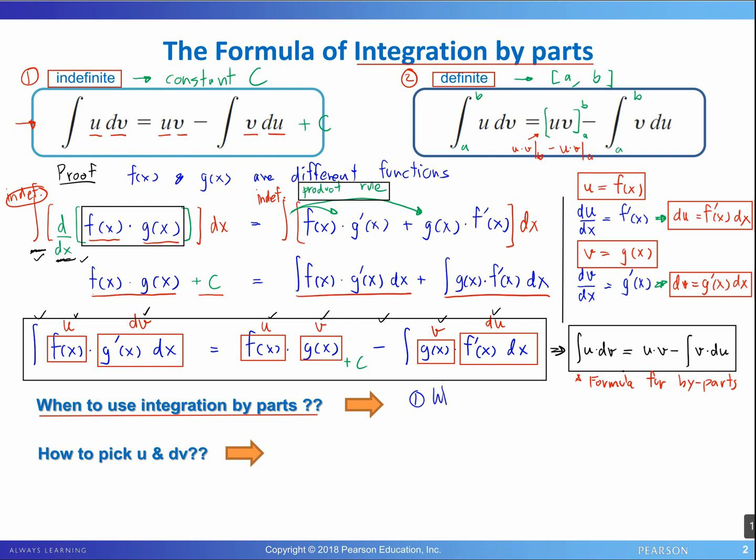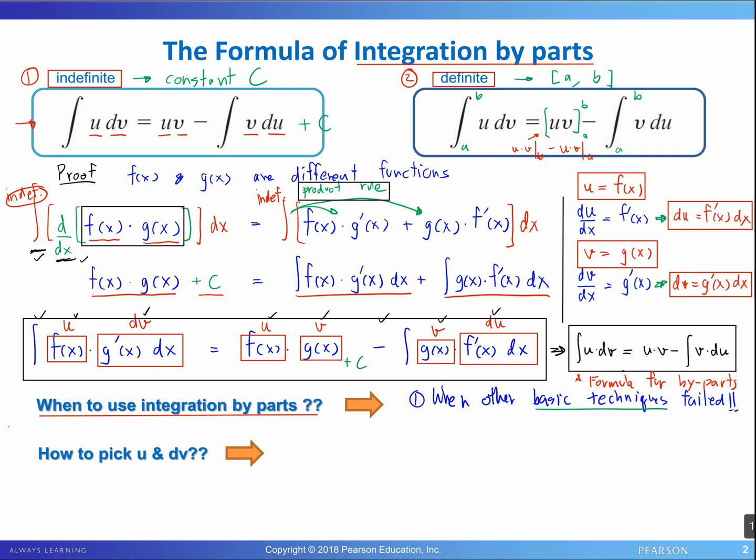When other basic techniques failed. What kind of basic techniques are we talking about here? Let's take a look.